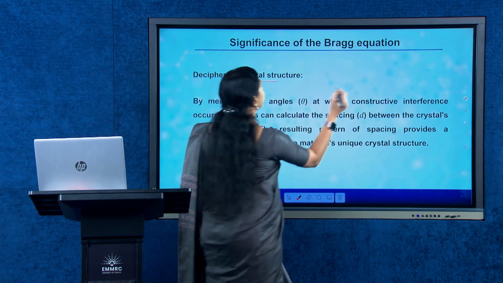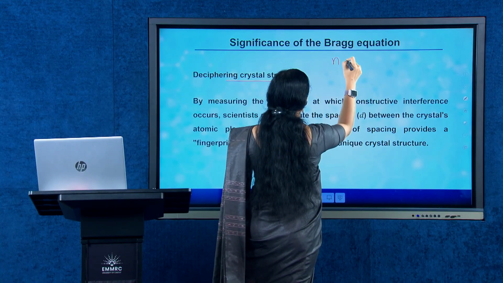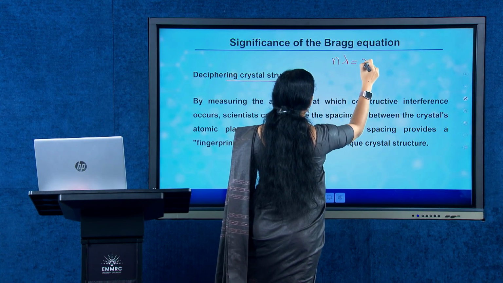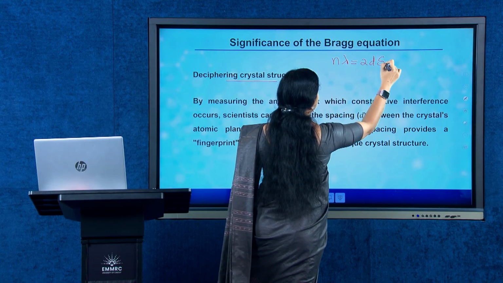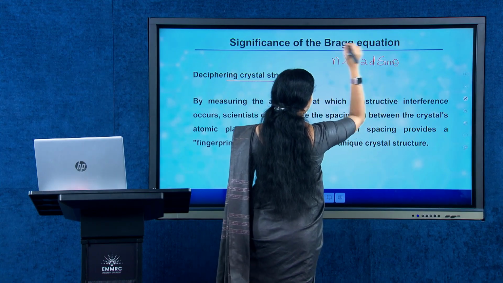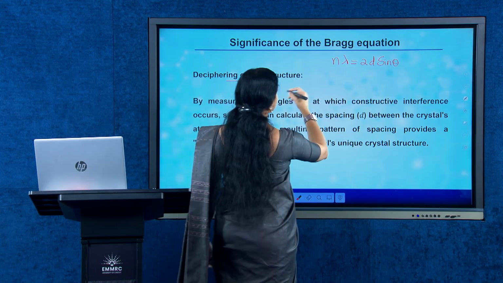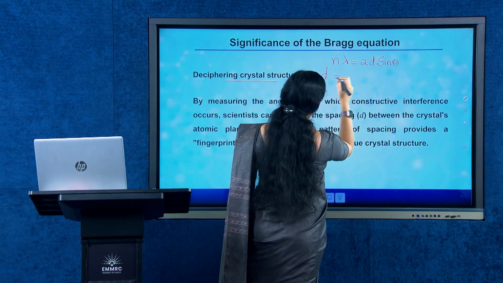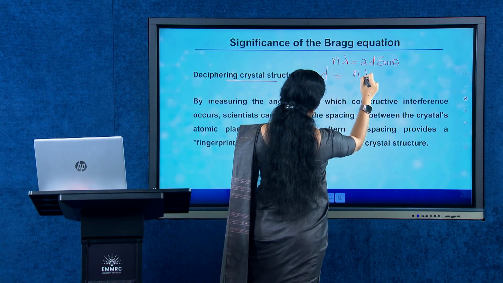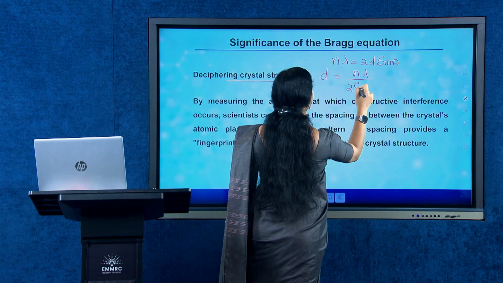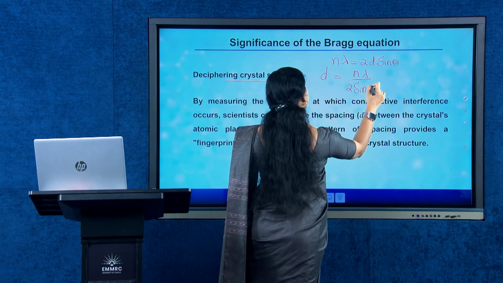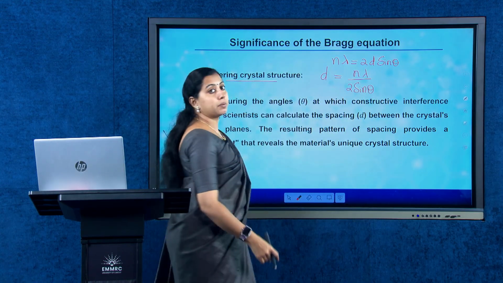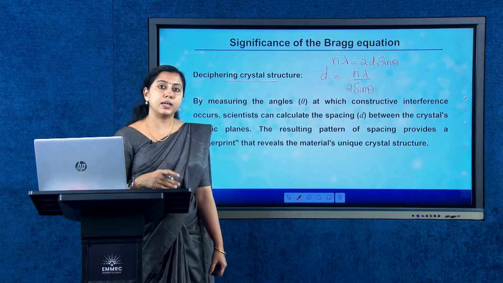Also, using this equation, n lambda is equal to 2d sin theta, you can calculate the spacing. So, d is equal to n lambda by 2 sin theta. If we know these parameters, you can calculate the spacing between the lattice planes using the same equation.